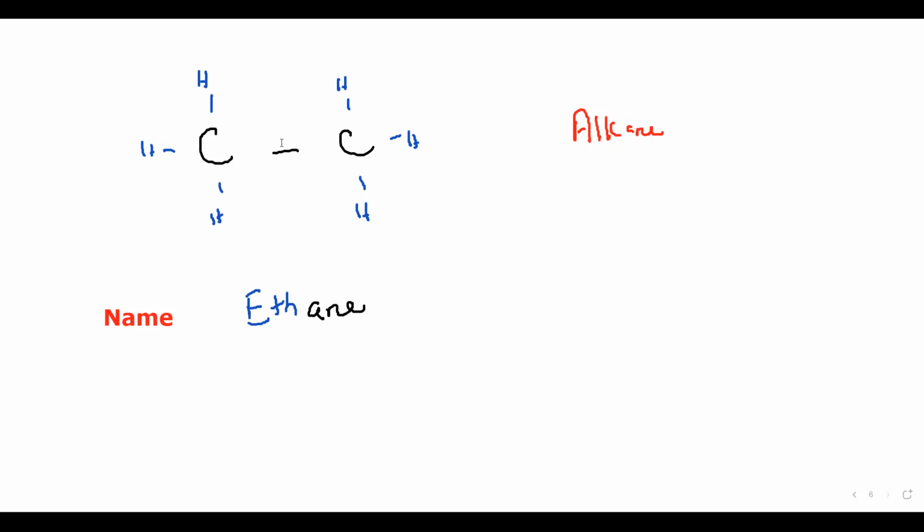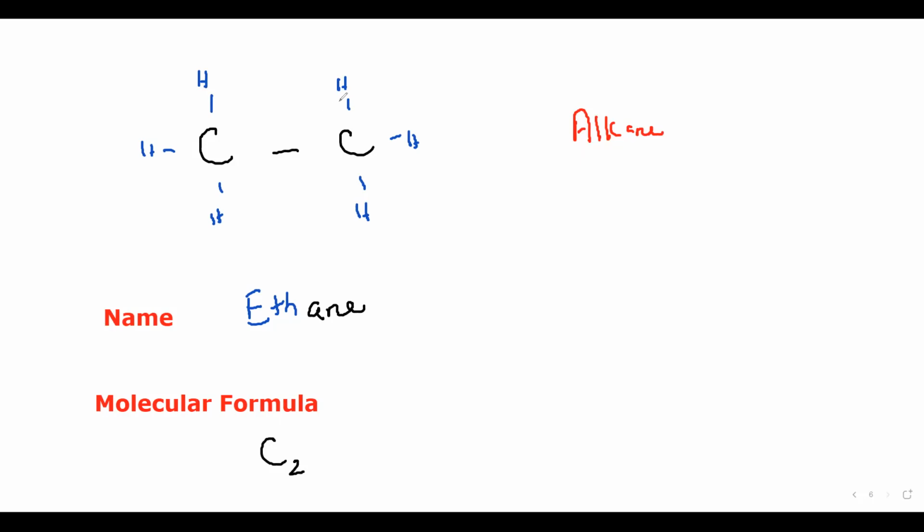Now, what is the molecular formula? Molecular formula represents the actual number of atoms. So how many carbon atoms are there when we count? 1 and 2 carbon atoms. So C2.